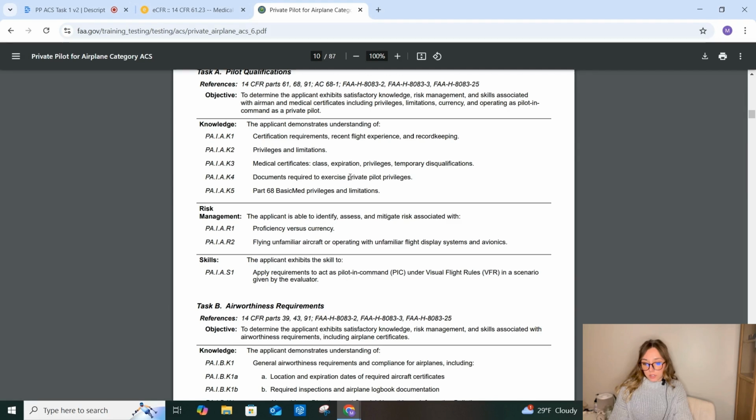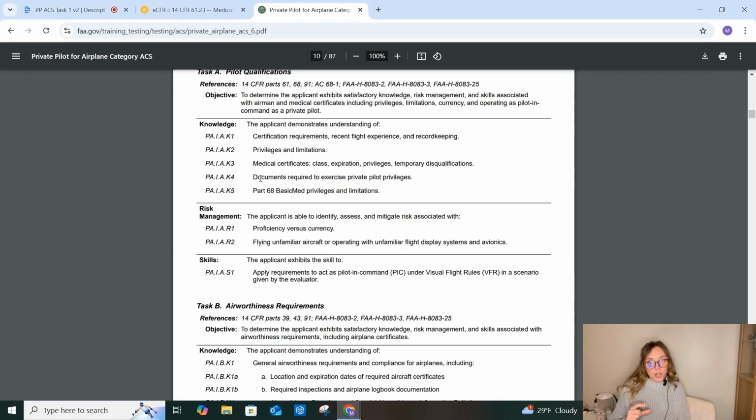Documents required to exercise private pilot privileges, K4. So 3 big things here. This isn't a long topic. Your pilot cert. It's a cute little card. It'll come in the mail. When you submit online, you'll have a paper version of it that you have to print out.